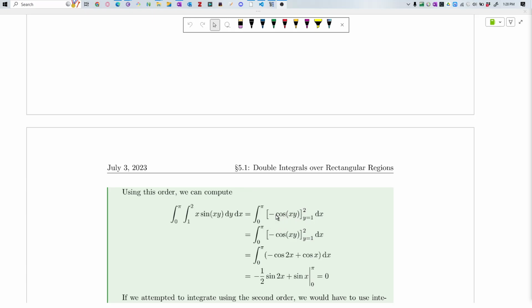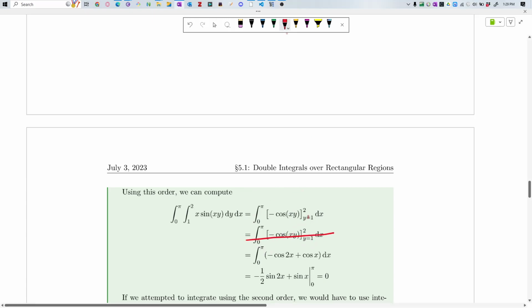I sometimes like to use brackets to see a bit more clearly what I'm doing, especially if this is inside an integral like this. It looks a little bit better to surround it with brackets. And so, yeah, we plug in at y equals 1 and at y equals 2. Oh, I think I didn't need this extra line. That's unnecessary. That's okay.